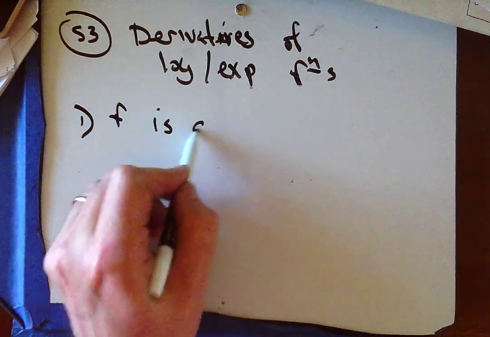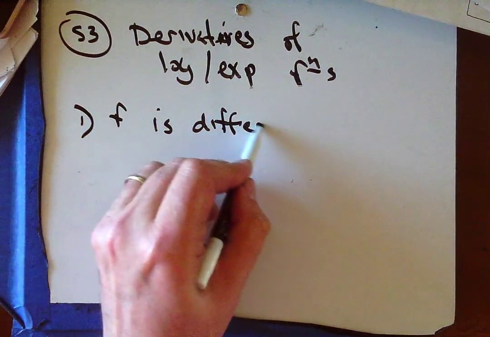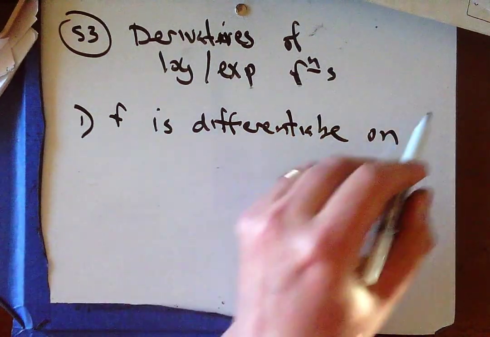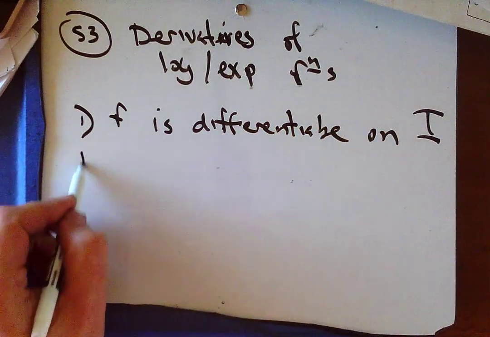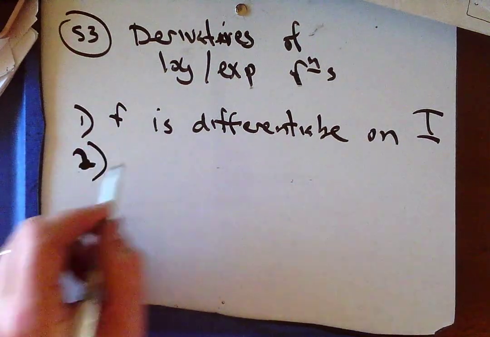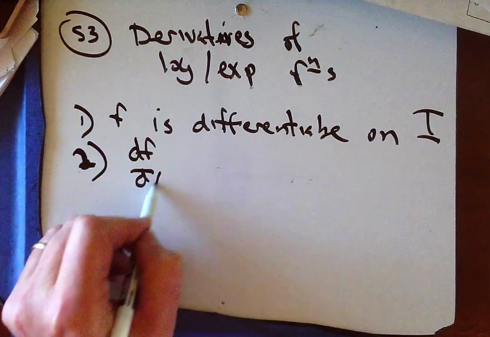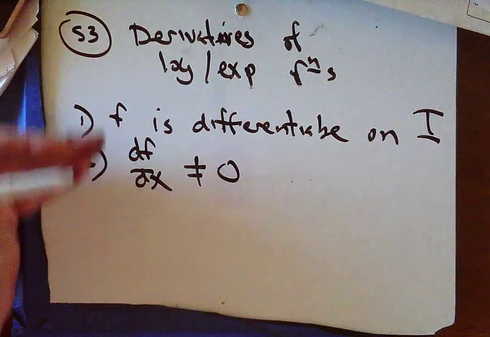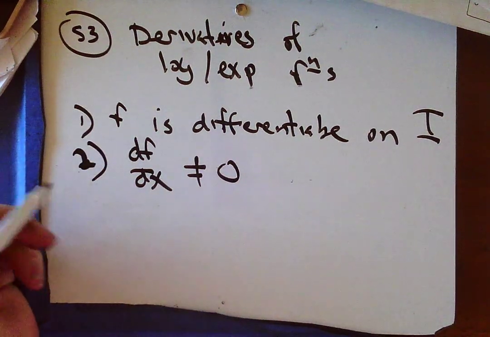One, f is differentiable on an interval, and two, df dx is never equal to 0. If you get both of these preconditions, then what do you know?